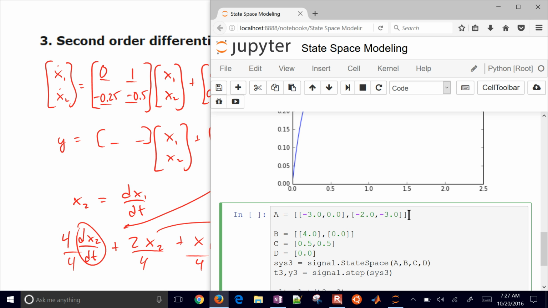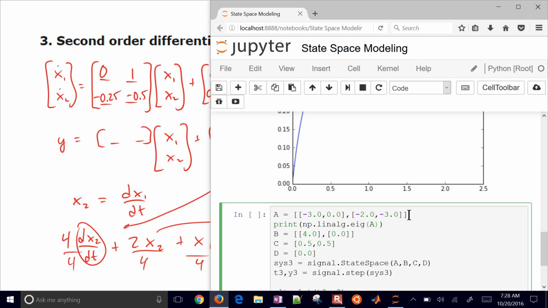So one way to do that is to just print the eigenvalues of the A matrix. And if all the eigenvalues have negative real parts, then we know the system is going to be stable. Whatever initial condition you give it, it's going to exponentially decay to a stable point. So to do that, we'll just use the NumPy linear algebra eigenvalue package there.